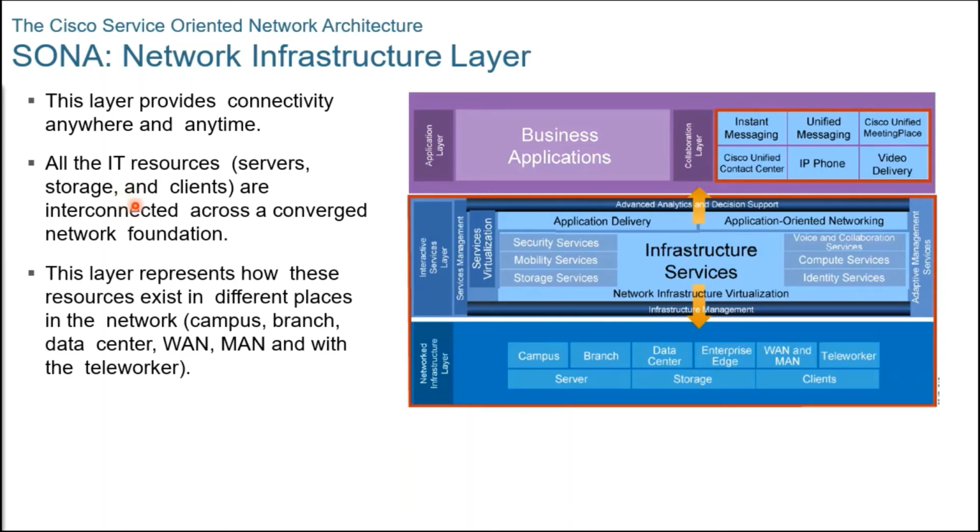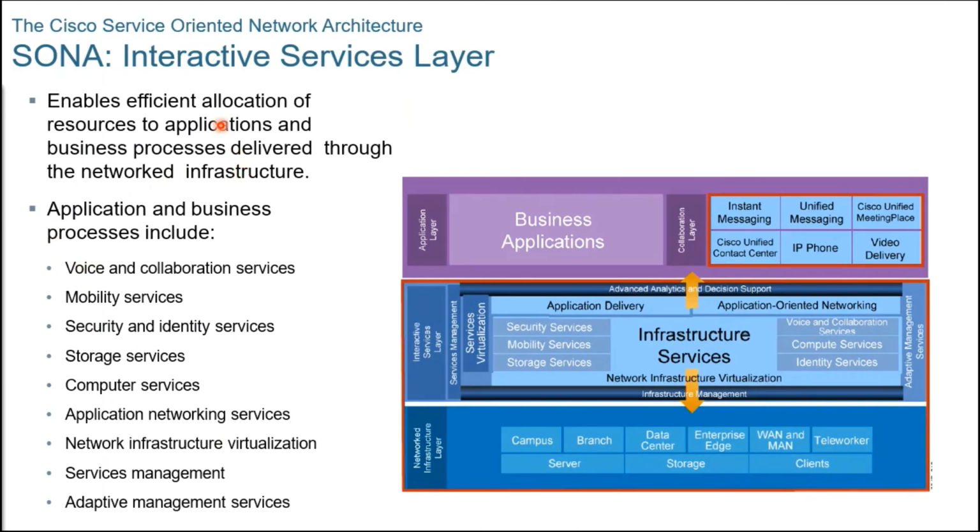So the network infrastructure layer represents how these resources exist in different places in the network, including the campus, branch, data center, enterprise edge, WAN, metropolitan area network or MAN, and with the consideration of having a teleworker in the organization. So the objective of this layer is to provide connectivity anytime, anywhere. So the network infrastructure layer includes the network devices and links to connect servers, storage, and clients in different places in the network.